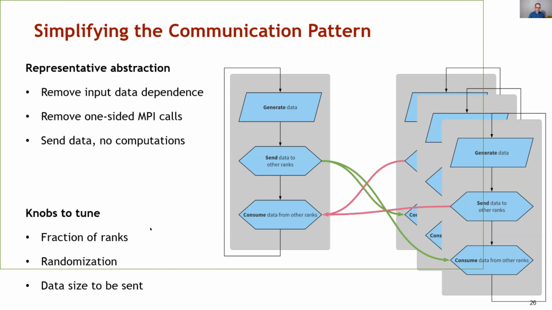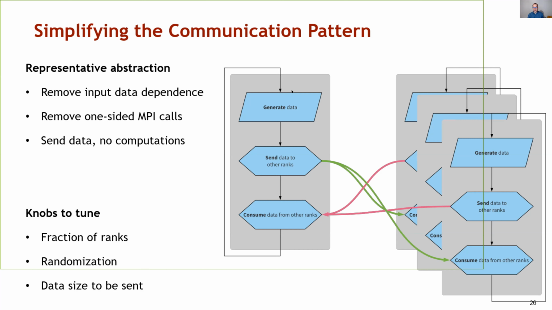The parameters we can steer are the fraction of ranks involved, if we want random communication partners, and how much data to transfer over the network. We've taken fairly representative values: about 10% plus or minus 5 for the fraction of ranks, and data sizes in the order of tens of kilobytes.